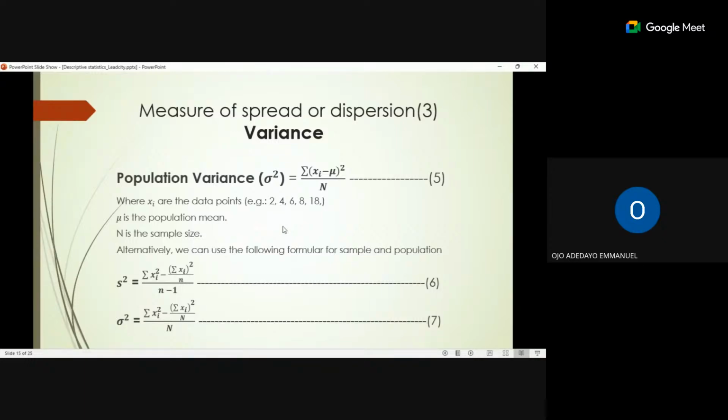You square 4, 6, 8, 18, you have values for them. You now add all those squared values together. That is the meaning of that. But the second one means that all the numbers you have here, add them together. You have a particular number, 38. Then square that particular number. Did you get it, sir? Yes, sir. Okay, good.